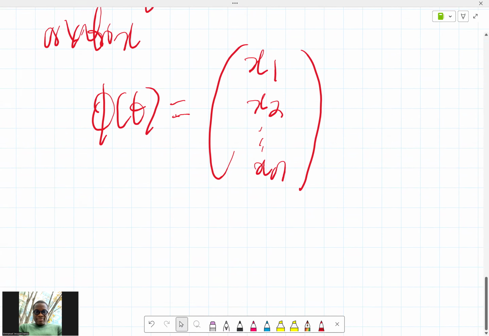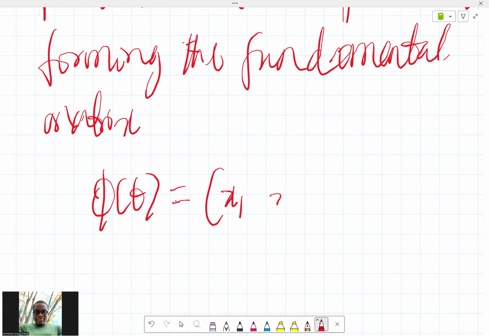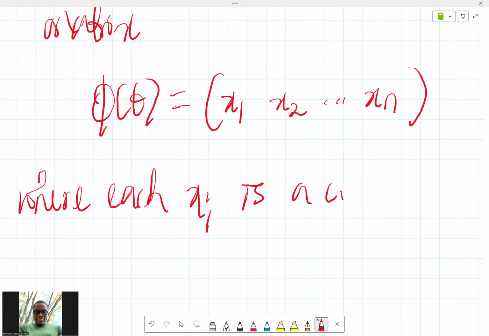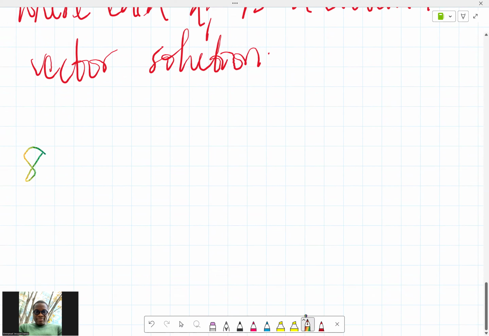Or better still, I think this is a better way to represent it: x1, x2, all the way down to xn. Each xi is a column vector solution. So that takes us to step 2.